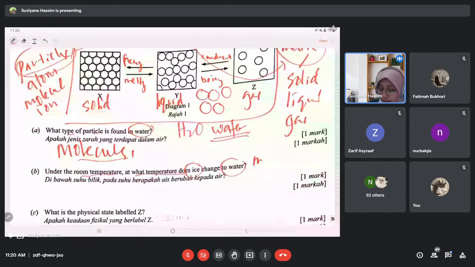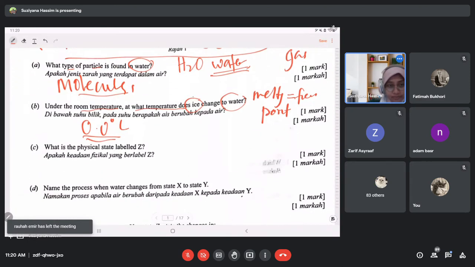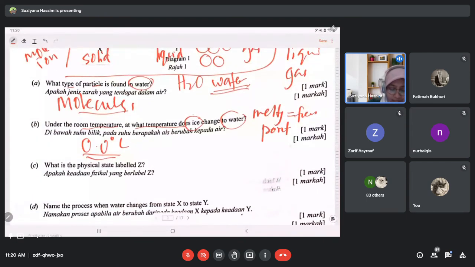Next. At room temperature, at what temperature does ice change to water? We know that the melting point is the same as the freezing point. The freezing point is 0, while the melting point, for ice to change to water, is also 0.0 Celsius. Okay, next one. What is the physical state of label Z?